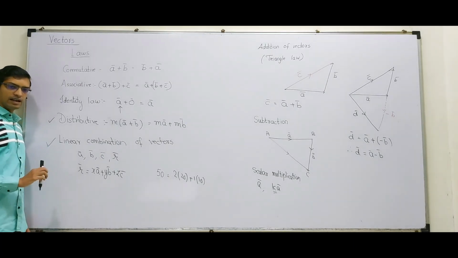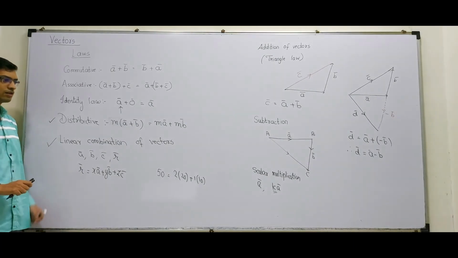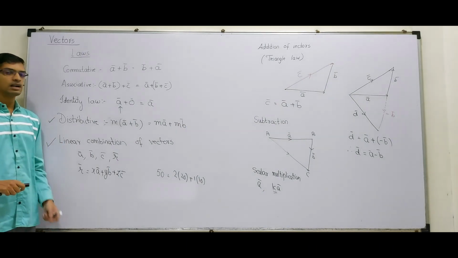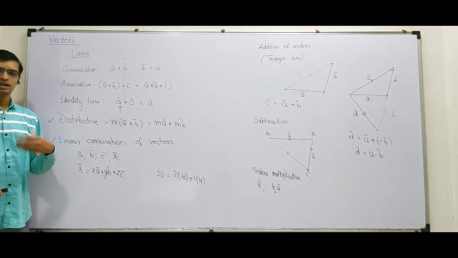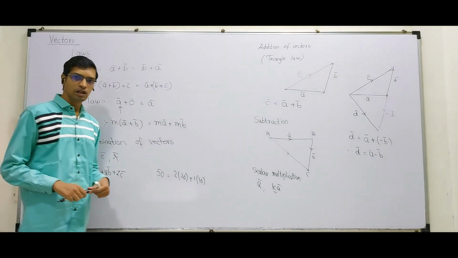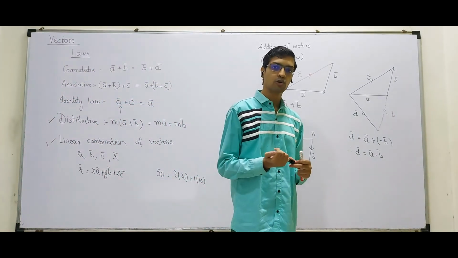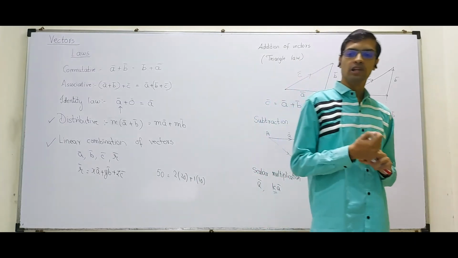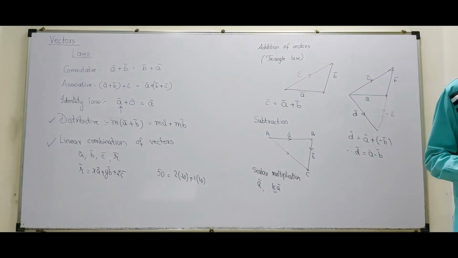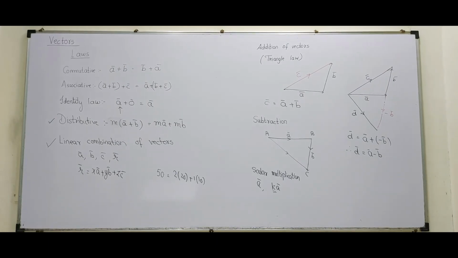Understood? Any doubts still here? So we have learned about linear combination. Now we will learn about collinearity and coplanarity of vectors, how to check whether the vectors are collinear or coplanar, and then we move on to the actual representation of vectors and the further sums on that.